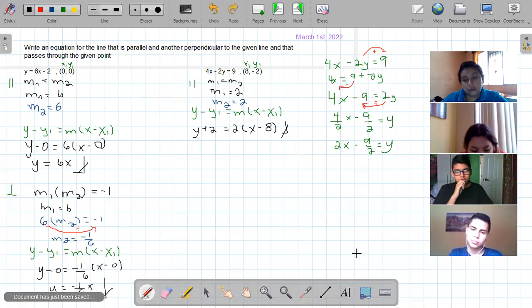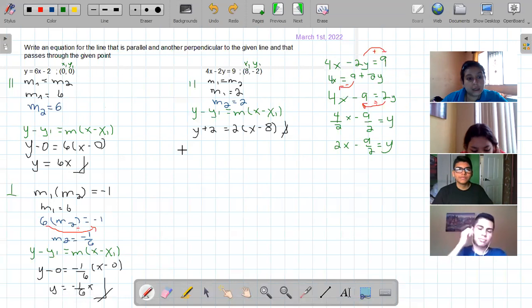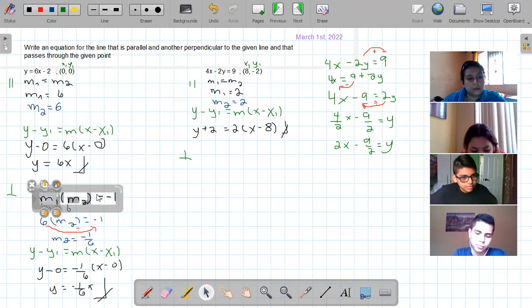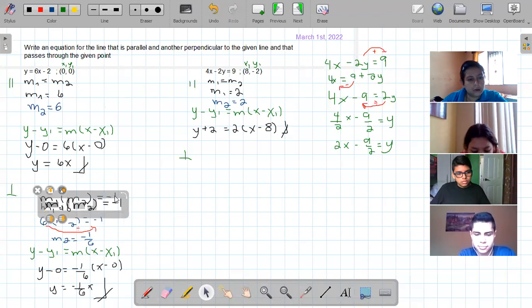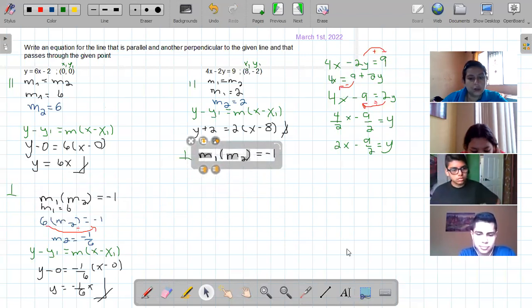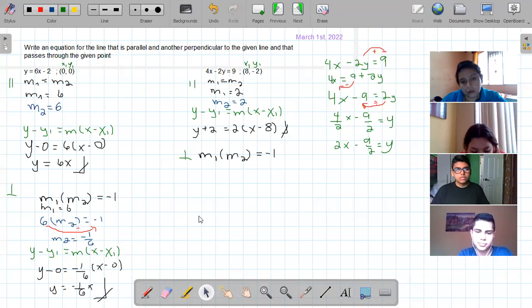Any question? Now, let's find the perpendicular then. For the perpendicular, I need M1 times M2 to be equal to -1.